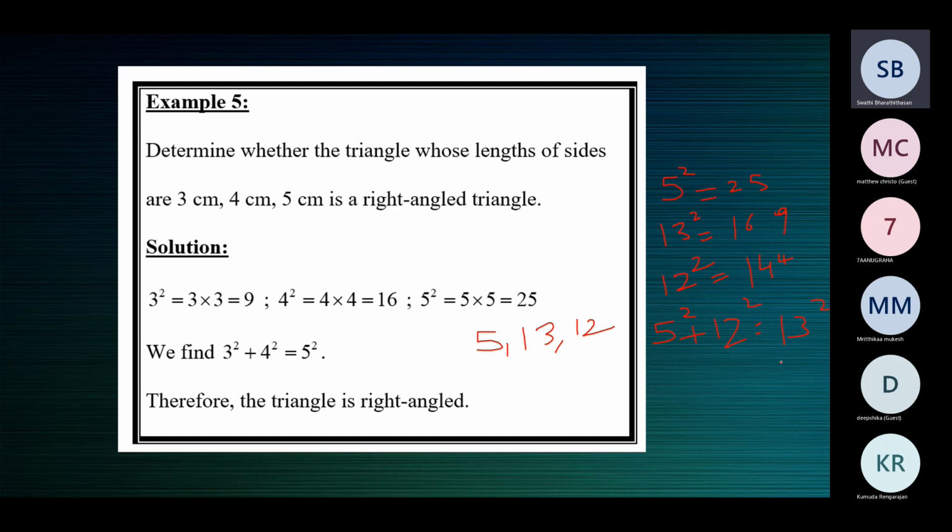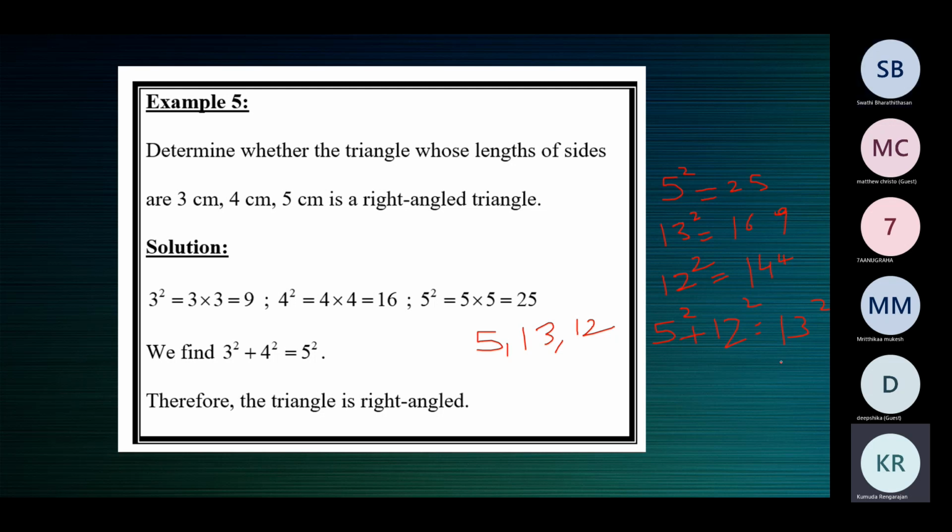Ma'am, can we also subtract it and say? Which one? Ma'am, like 169 minus 25 is 144, like that. No, that comes out of this only. It's not an independent thing. That's a result of this result. Yes, ma'am.